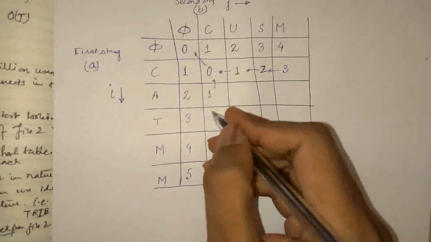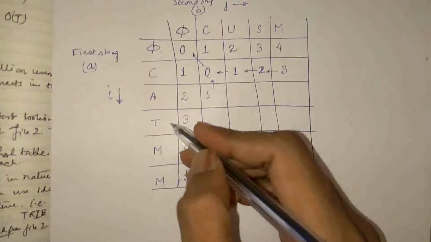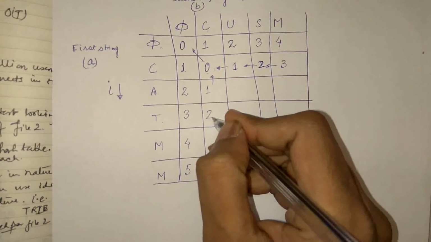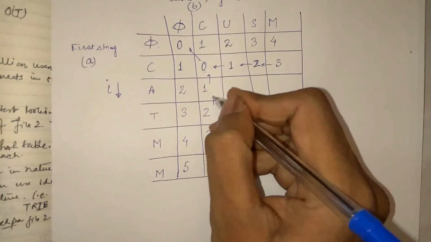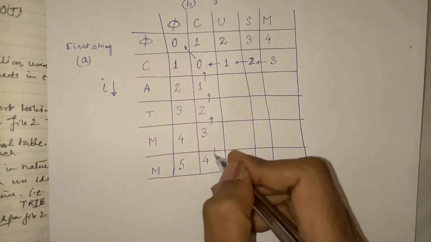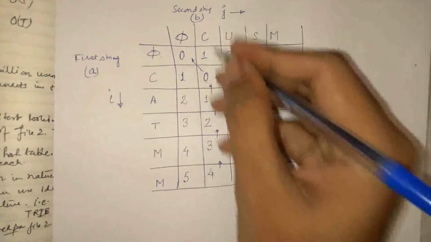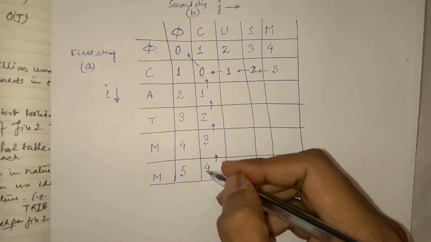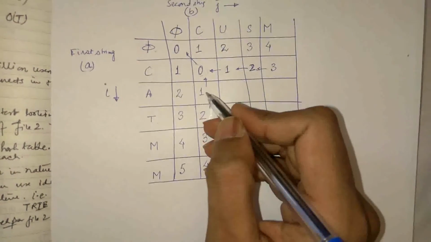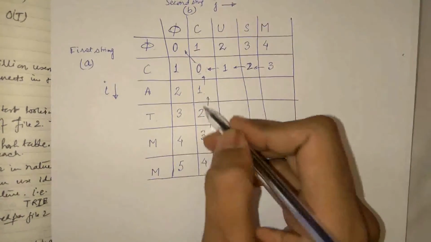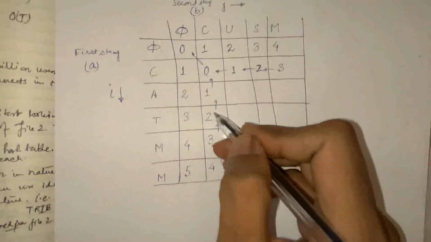Similarly, minimum of these 3, because C and T do not match, 2, 3 and 4. Since M and C do not match, minimum of these 3 plus 1. And we are doing the bottom up approach. We first compute this cell, then we move to the next cell. That is the bottom up.